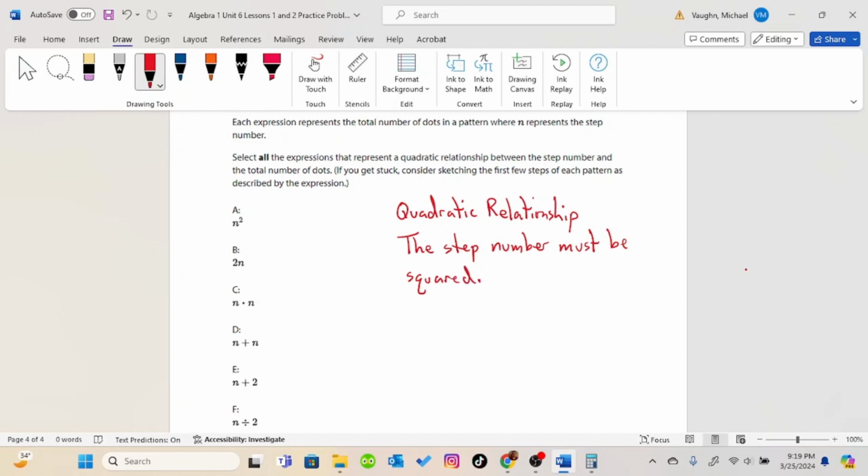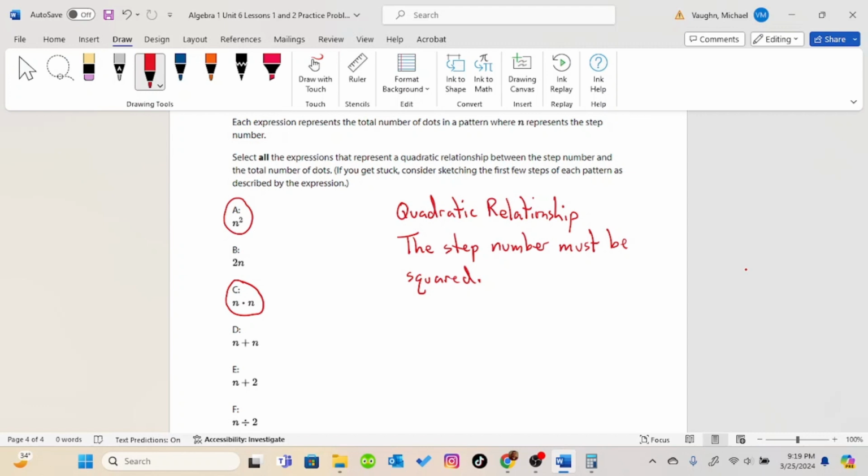In choice A, the step number is squared, so that is correct. In B, the step number is multiplied by 2, that is not correct. In C, the step number is multiplied by the step number, and that is the definition of squaring.